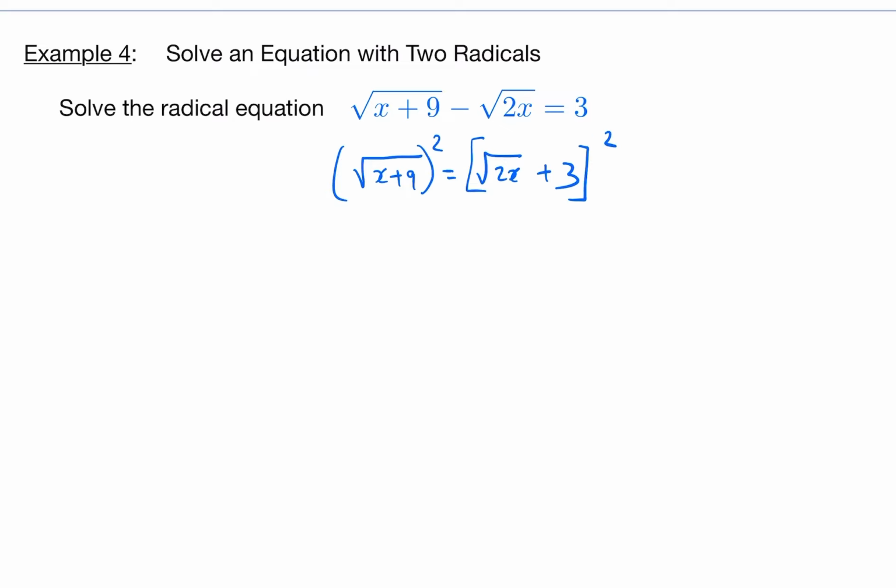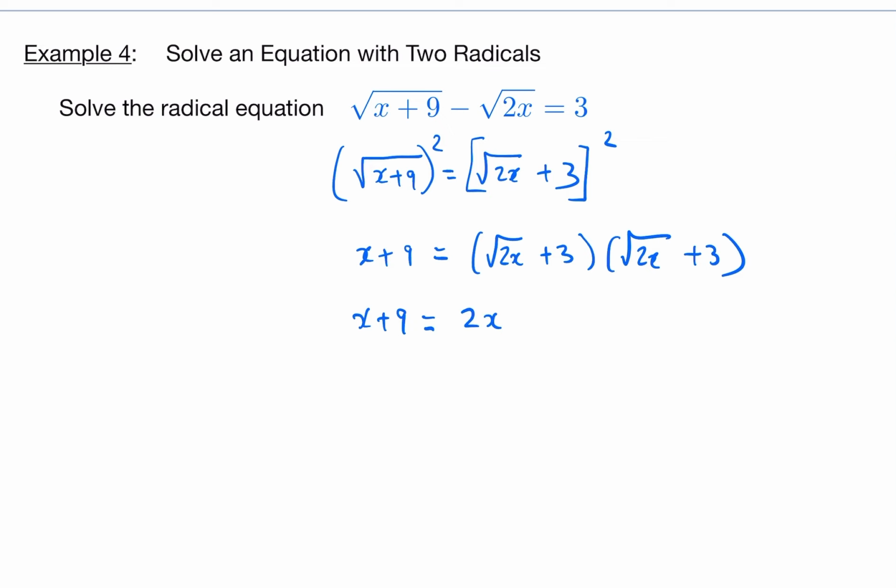On the left side we just get x plus 9, and on the right side we're going to get square root of 2x plus 3 times the square root of 2x plus 3. Okay, and when we multiply that out, we're going to get 2x, okay, plus 6 square root of 2x plus 9.